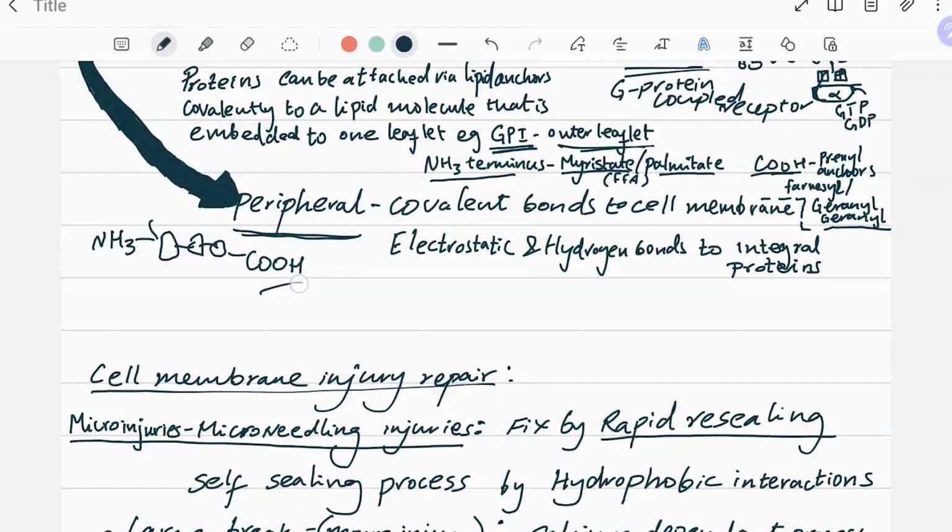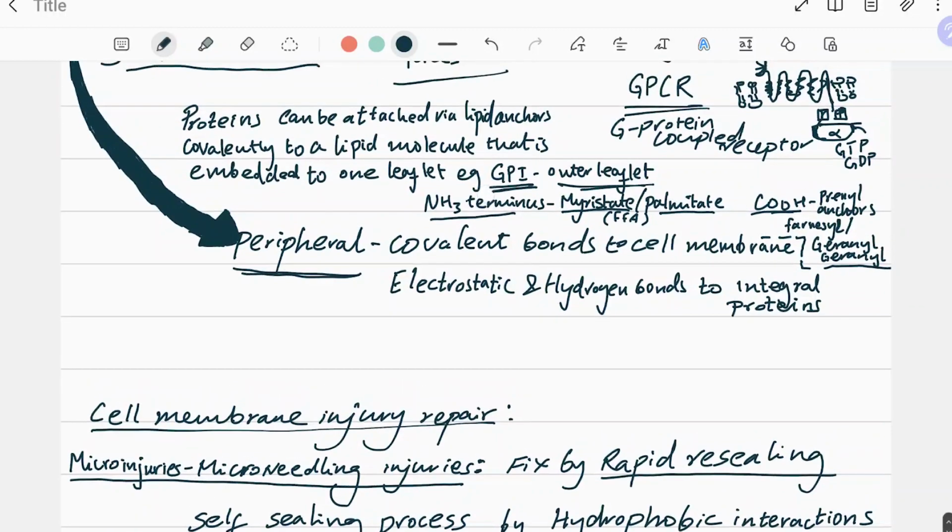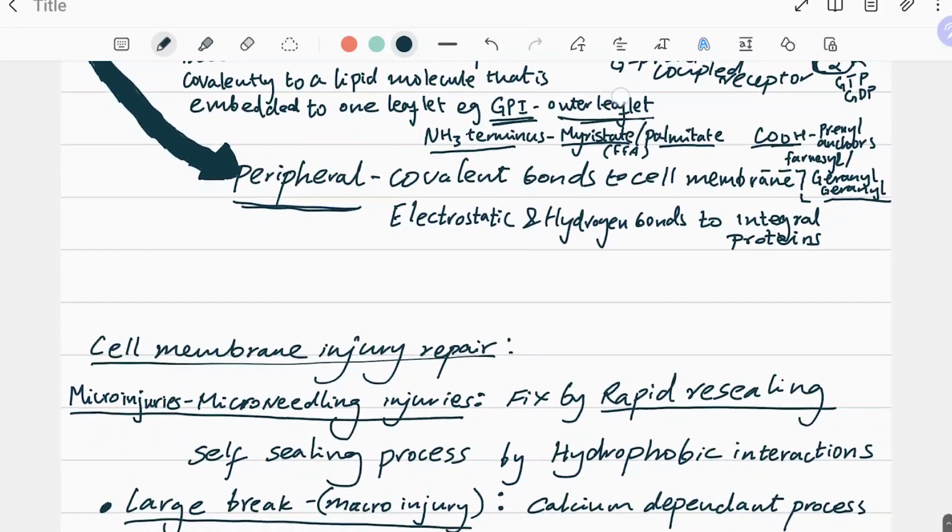The carboxy terminus can be bound via prenyl anchors to farnesyl or geranyl. It's quite a mouthful to remember, but that's how they stick to the inner membrane. Outer leaflet, it is the GPI. Inner leaflet, it is the amino and carboxy terminus.